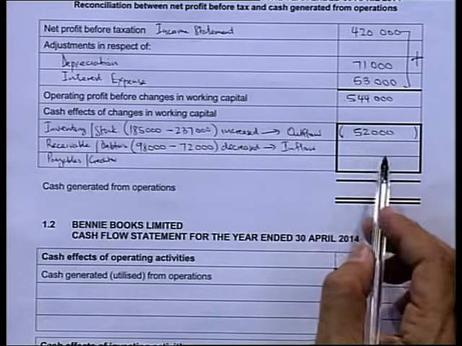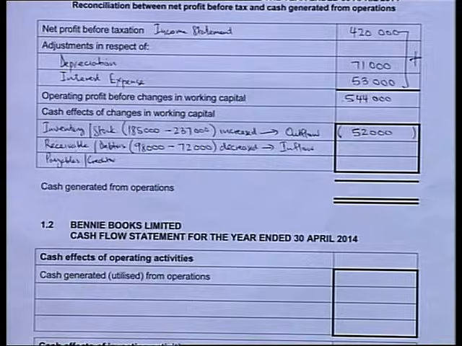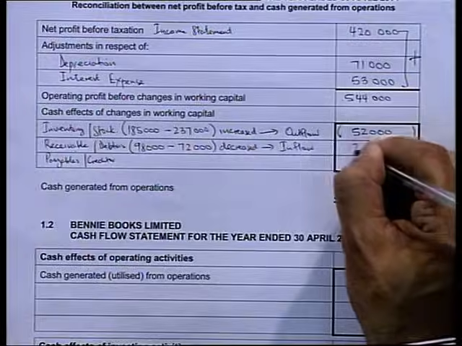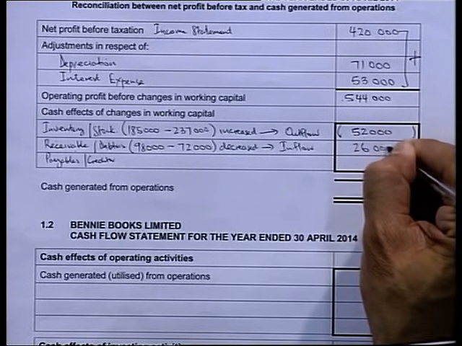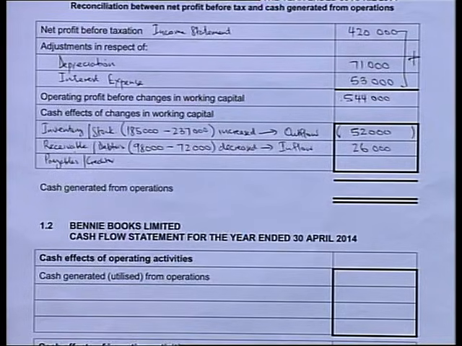And an inflow generally goes without brackets. So it's just the difference between 98,000 and 72,000. And that gives us 26,000. Let's check if there's any questions on that.